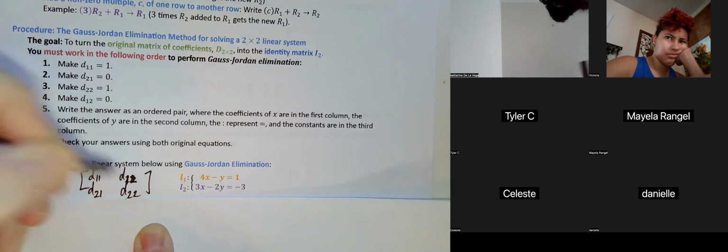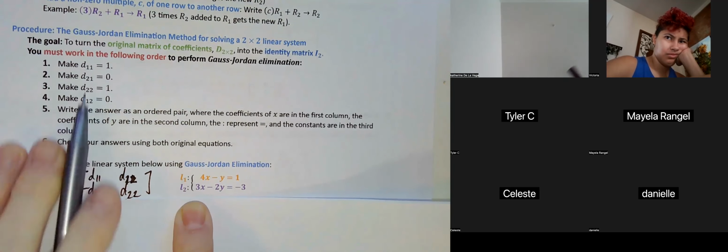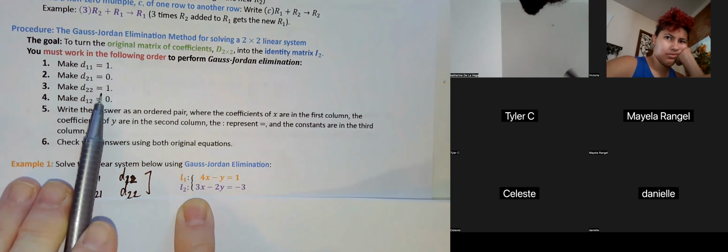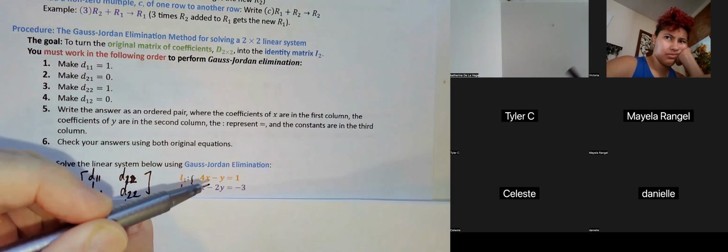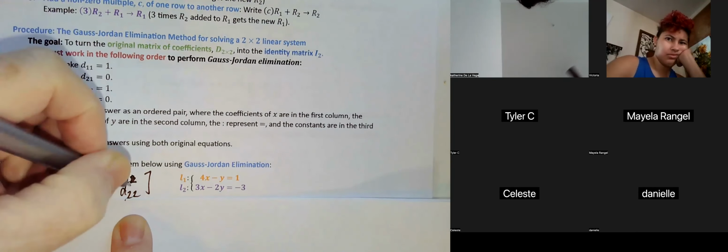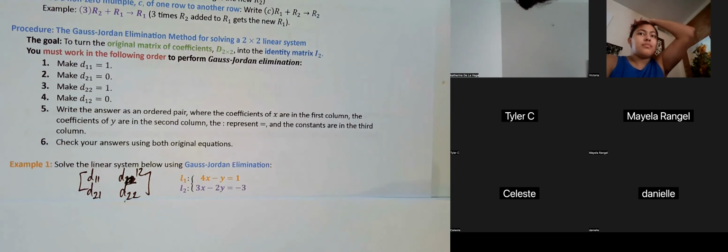Then we're going to make D21 equal to 0. That's the element right below D11. Then we're going to make D22 equal to 1, which is right now currently a -2. And then finally, we're going to make D12 equal to 0. So that's the order.